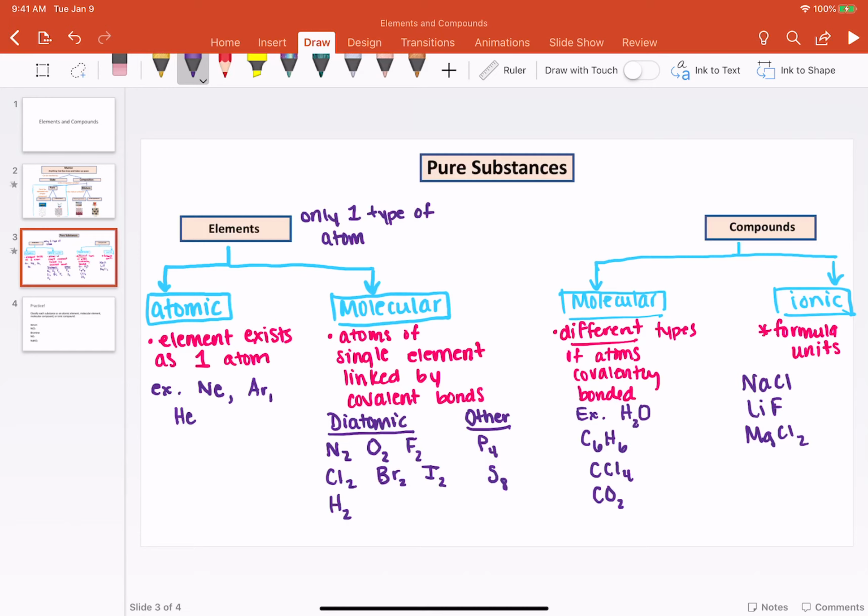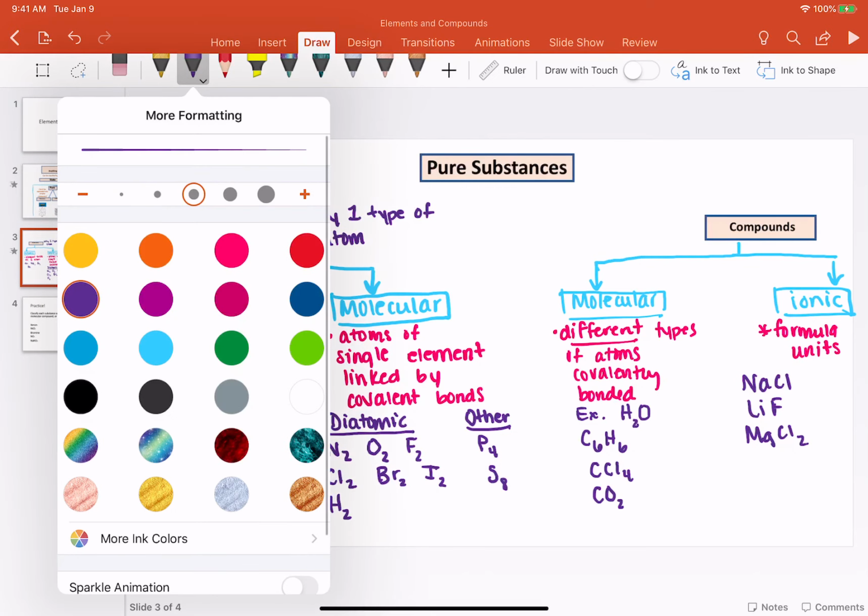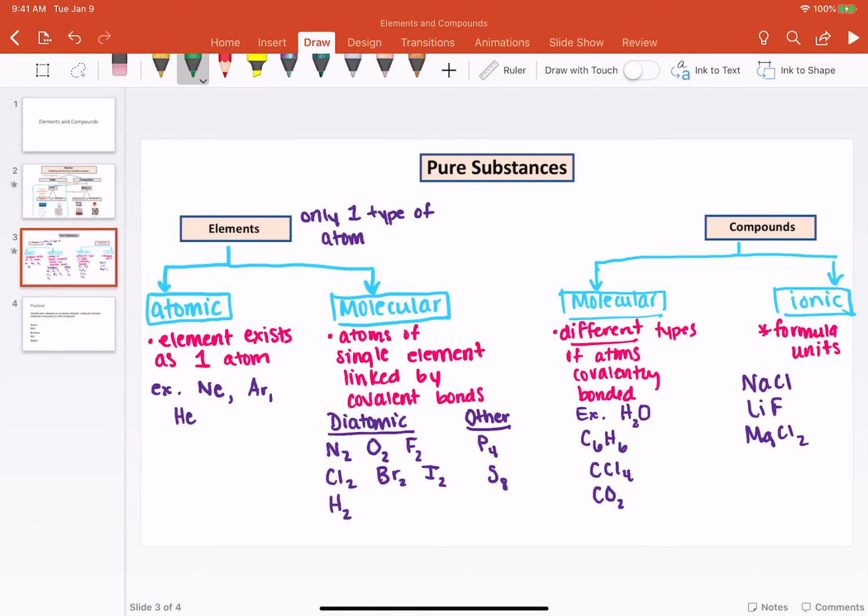And remember that these are going to be our positively charged cations and our negatively charged anions that are interacting with each other. So that would be Na plus and Cl minus, Li plus and F minus, and Mg2 plus. This one has a 2 plus charge, which means that we need 2 Cl minuses to balance that out to make it neutral.